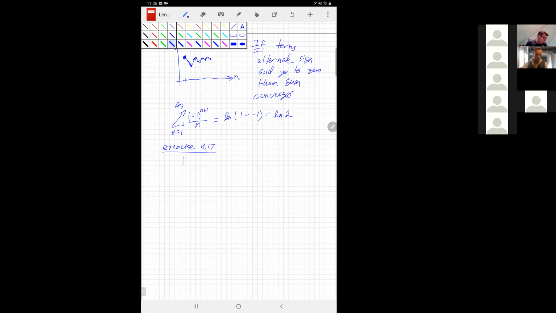We could take 1 minus a half plus a third minus a fourth plus a fifth minus a sixth, etc. We could arrange it as 1 plus a third minus a half. Well, so far it doesn't look like we've changed anything. Plus a fifth plus a seventh minus a fourth, plus a ninth plus an 11th minus a sixth.